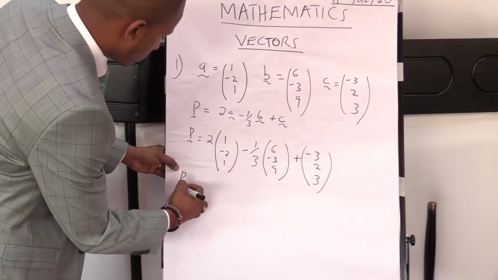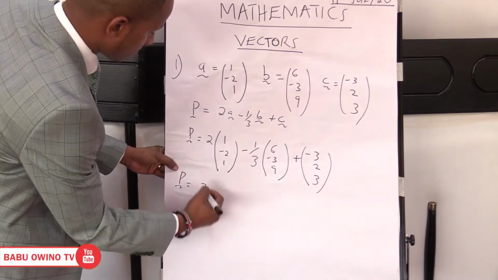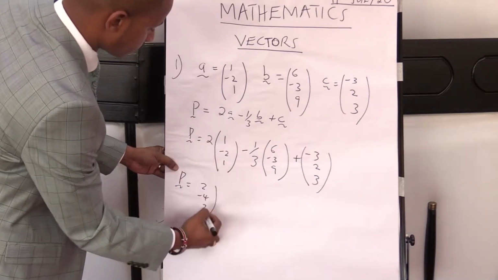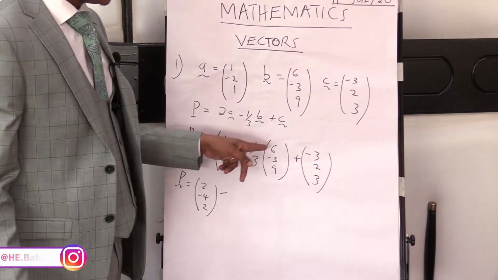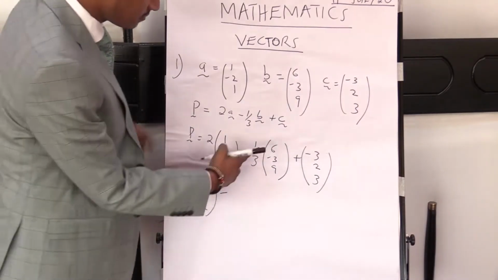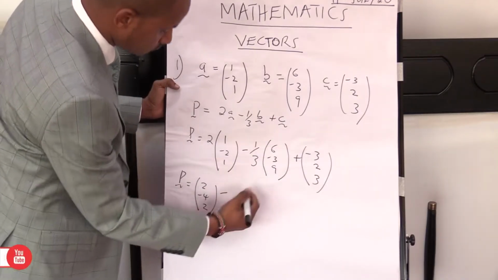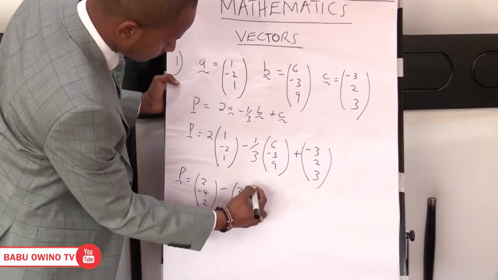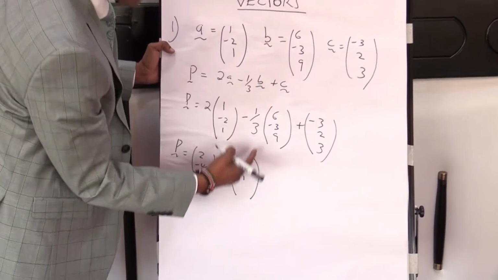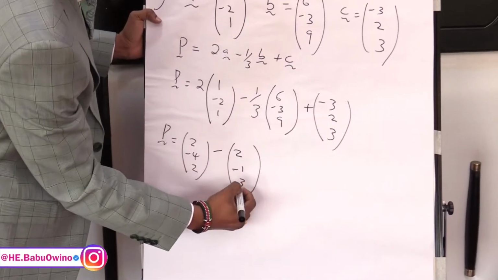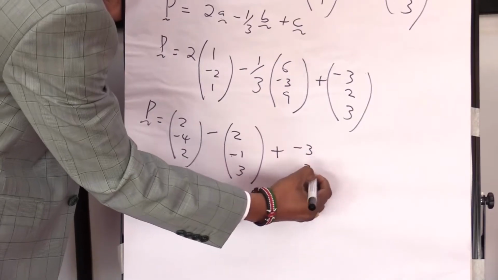So our P equals 2 times 1 is 2, 2 times minus 2 is minus 4, then 2 times 1 is 2. Then minus a third times B, so it is a third times every number here. A third times 6 is 2, a third times minus 3 is minus 1, then a third times 9 is 3. Then plus minus 3, 2, 3.